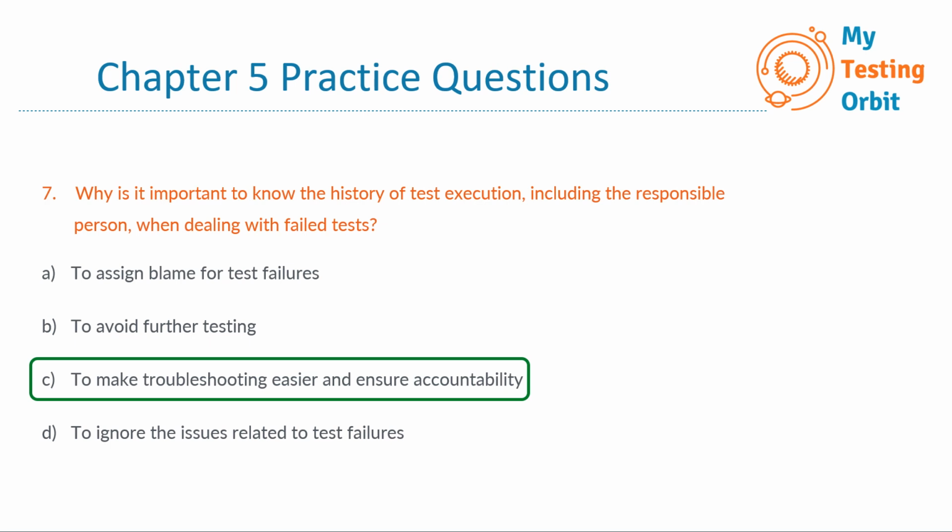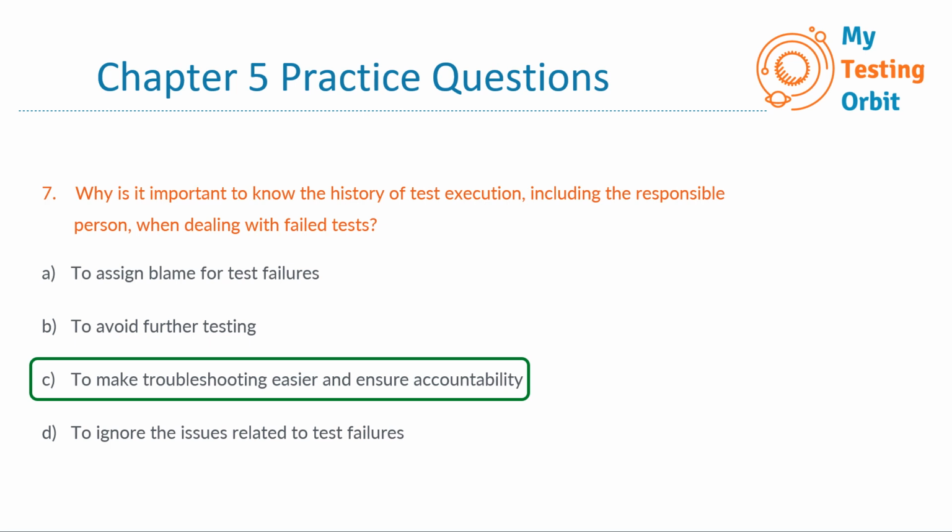Then we have option B, to avoid further testing. Okay, so knowing the history and responsible person is not intended to avoid further testing. Instead, it's about addressing issues and improving the testing process. And then, of course, it ensures that the test failures are properly handled. Hence, this is also an incorrect option.